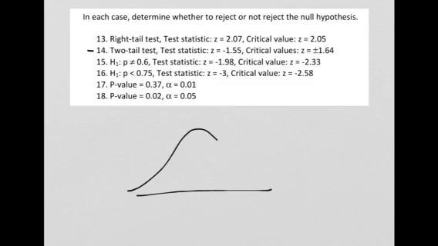So I draw the distribution, and I will mark my critical values. I have one at negative 1.64, one at positive 1.64, and the rejection region is the area into the tail.